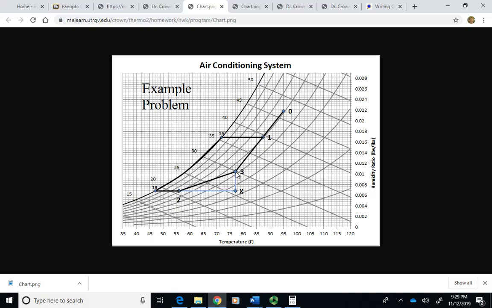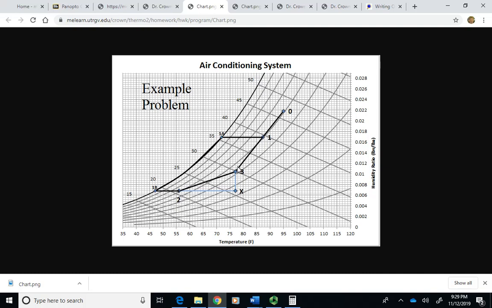So again, this is our space, this is our supply air coming into the space, this process here is the electric heater for our air conditioning system, the cooling unit, which cools and dehumidifies, and then this is just mixing of two streams, outdoor air and our return air for the space.